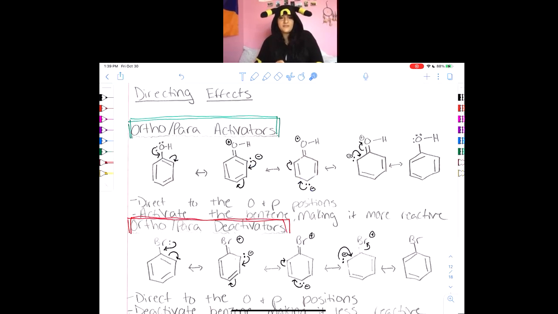For that reason, we are going to direct future substituents to the ortho-para positions. The reason we call it an activator is because overall it donates electron density into the ring, giving the ring an overall negative charge, which will make it more reactive because it is more nucleophilic.